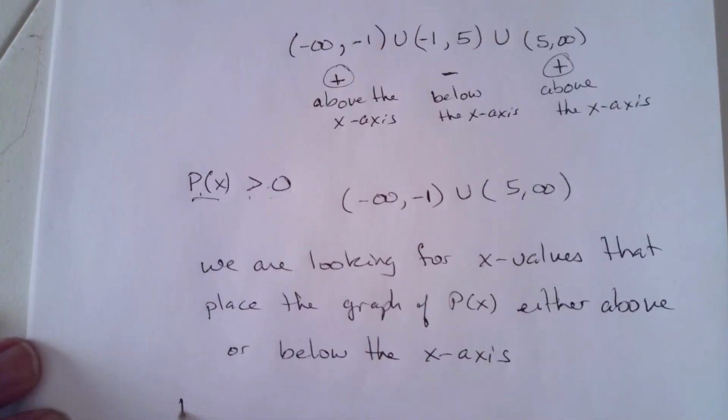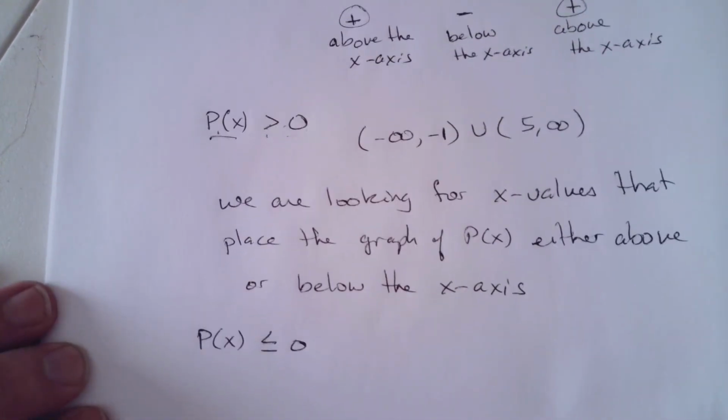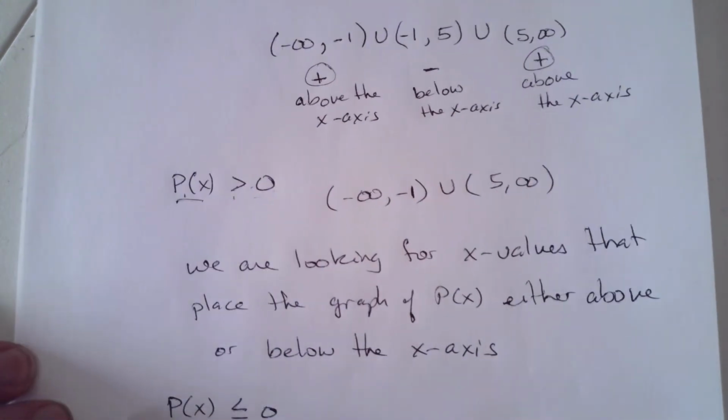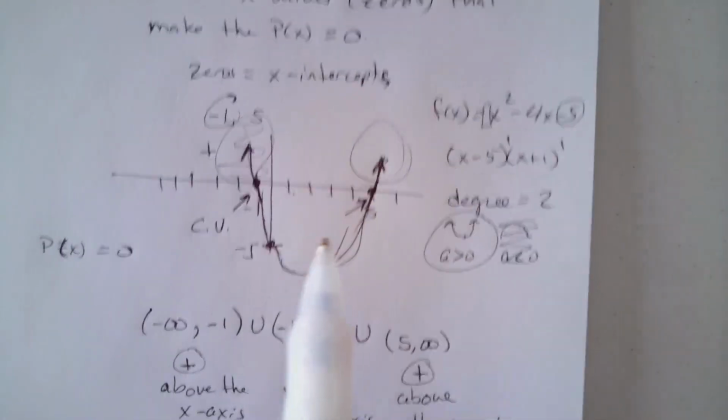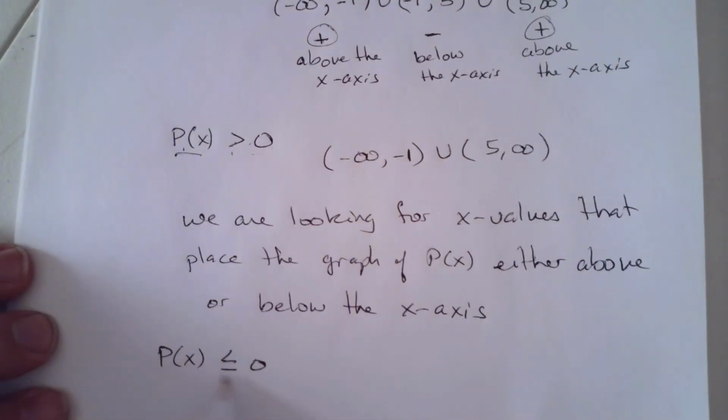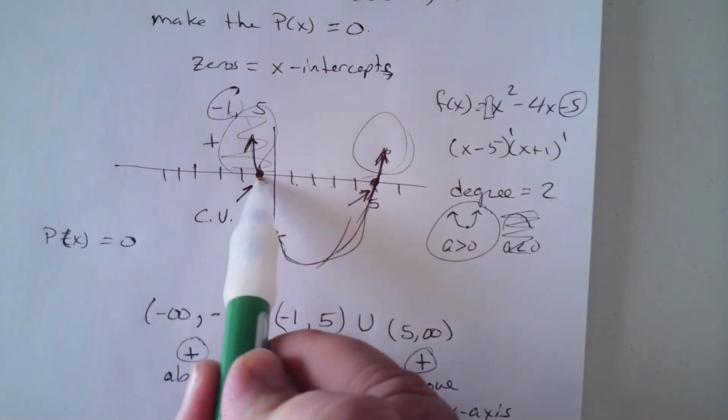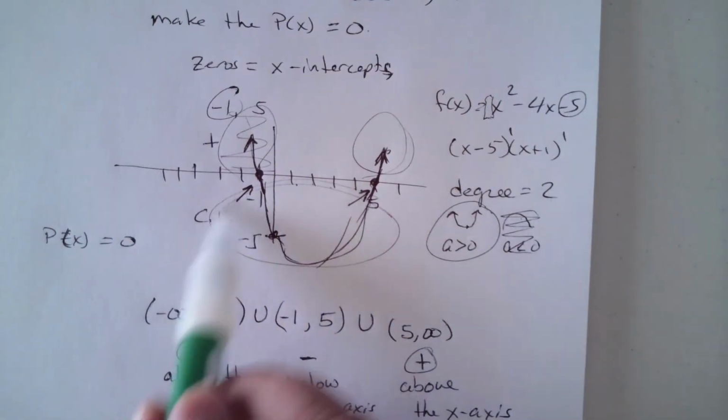What if I asked, what are the x values less than or equal to 0? So I factored the equation, I solved it, I graphed it. Since I'm looking for all the values less than or equal to 0, I start from negative 1. I only want these numbers.